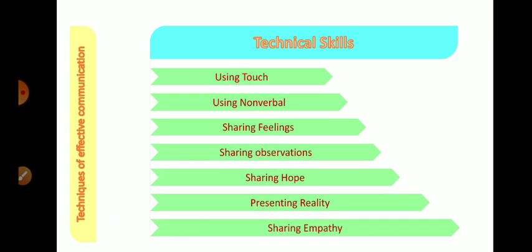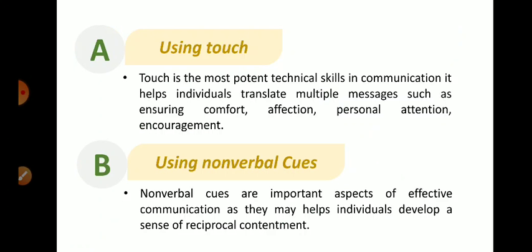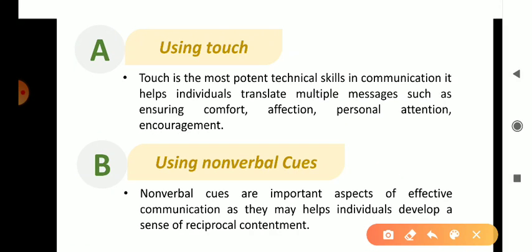First one is using touch, using non-verbal cues, sharing feelings, sharing observation, sharing hopes. We will see them one by one. First one is using touch. Touch is the most potent technical skill.